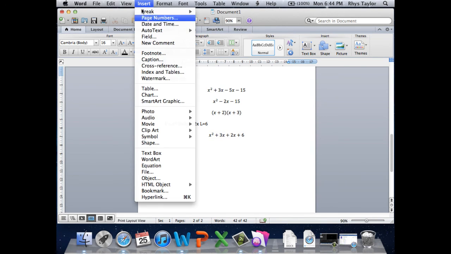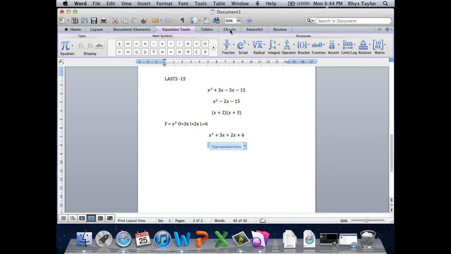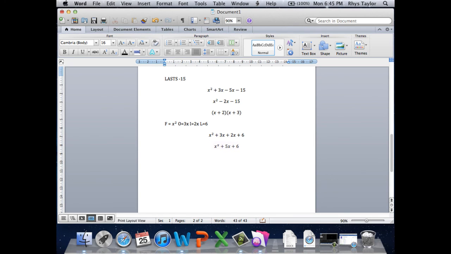And simplify that down. We get x squared plus 5x plus 6. Right. I won't do any more than that. That should keep us pretty well covered. You can really see the steps being formed there. So that's FOIL with 2 sets of brackets.